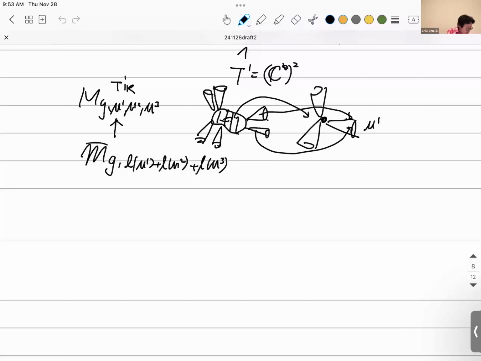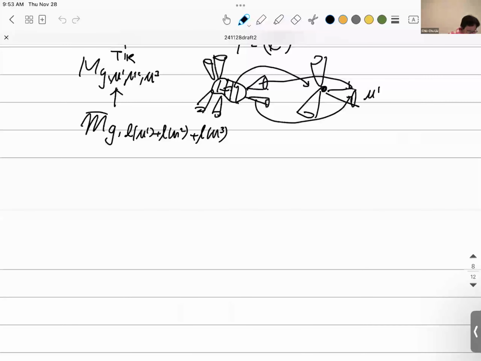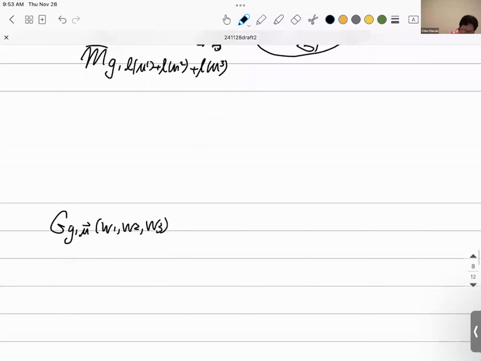Yeah, it looks like this. There is the automorphism, and for open invariants there is some choice of sign.